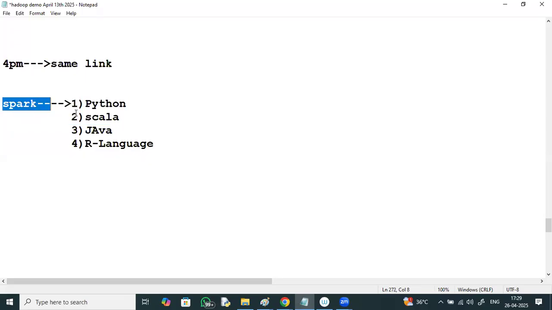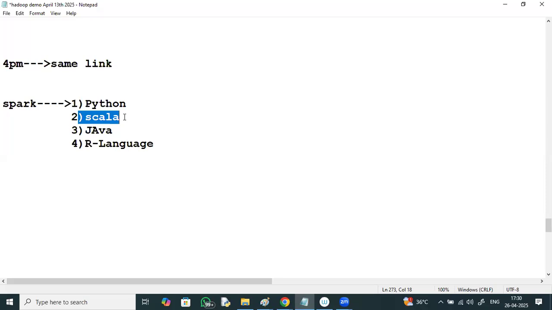Spark by default is built using the Scala language. Previously, in the initial days in 2016, 17, 18, 19, Scala is mostly preferred, but these days Python is mostly preferred for Spark implementation, because Python has many modules, especially for analytics. That's why today Spark with Python is used a lot. Spark with Scala is also used.